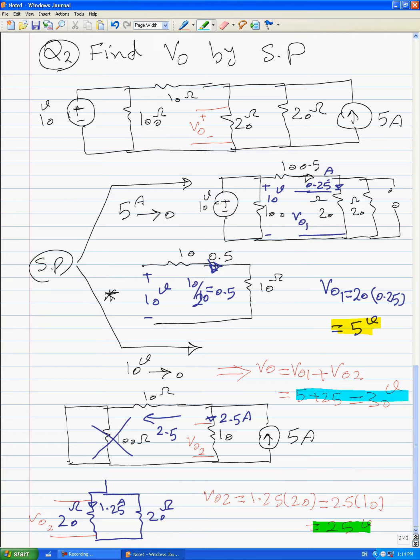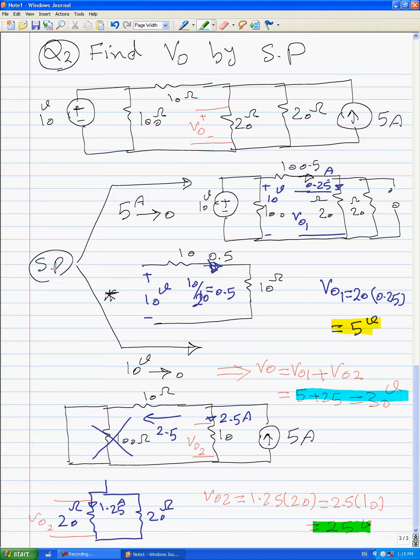This is the final answer for this circuit. To summarize, first we started by changing this circuit to 2 sub-circuits. In sub-circuit 1, we considered 10 volts and changed 5 amps to 0.